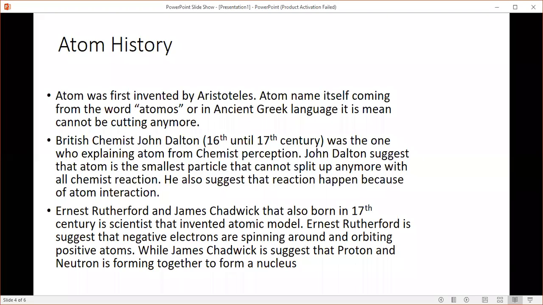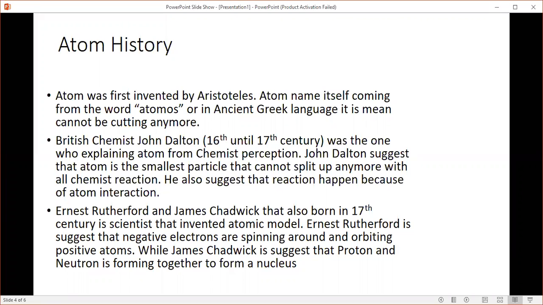He also suggests that reactions happen because of atom interaction. So a chemical reaction happens when atoms bond and reject each other.